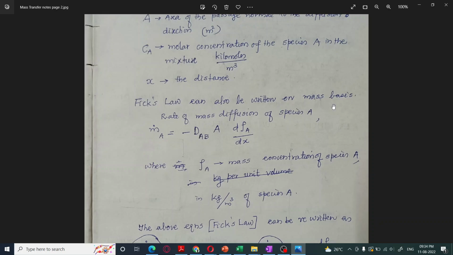So Fick's law can also be written on a mass basis. Somebody asked me whether it can be written like this or not. The same equation can also be written in terms of mass.